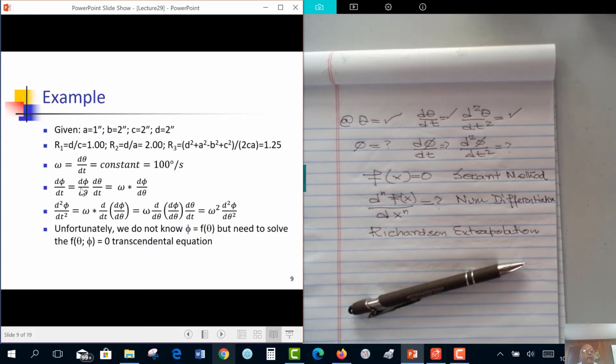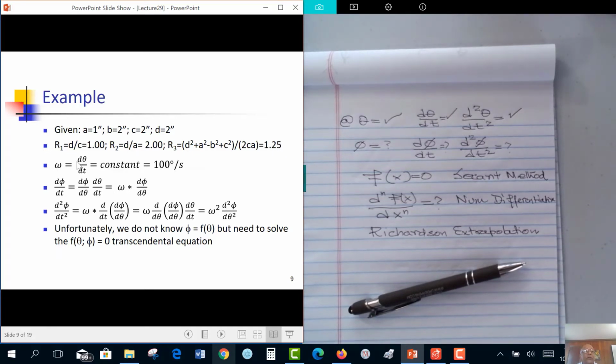So here is our example problem. Let's suppose A is 1 inch, B is 2 inch, C is 2 inch, and D is 2 inch. Then we can generate these R values, these ratios, and they come out to be R1 is 1, R2 is 2, and R3 is 1.25.